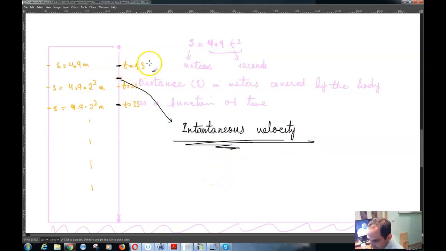So the average velocity, when you look at it at a very specific point in time, becomes instantaneous velocity. That's what we want to do.